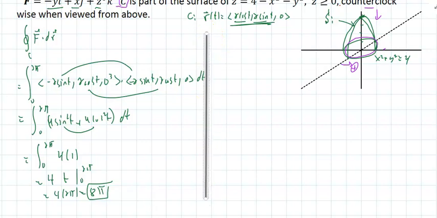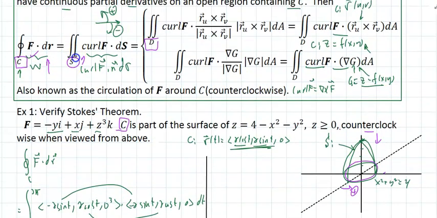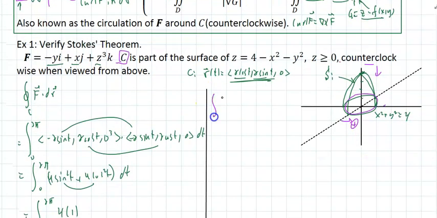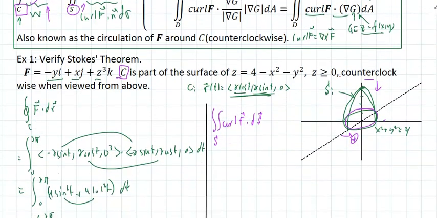And if we want to verify it, well, we want to figure out what's the double integral over S of curl of F dotted with the oriented surface dS. That turns out to be circulation.